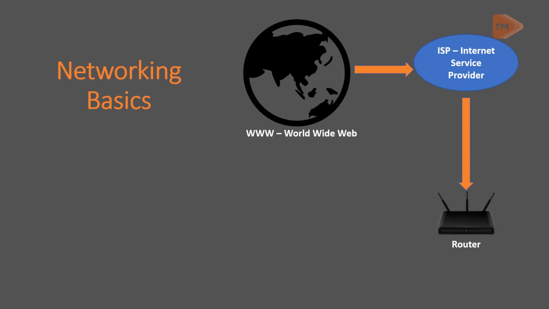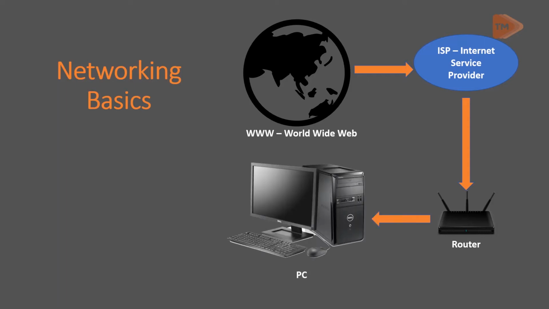That is what the router gets, and this is actually translated to your particular machine. Your machine will have a private IP. Whenever you run ipconfig or something like that, you will find that your IP is in the range of, say, 10 dot or 192.168.